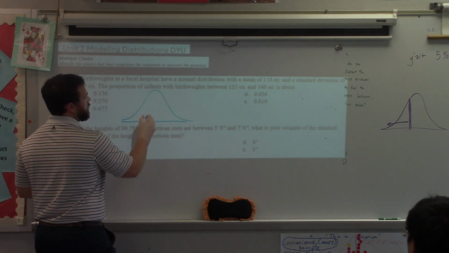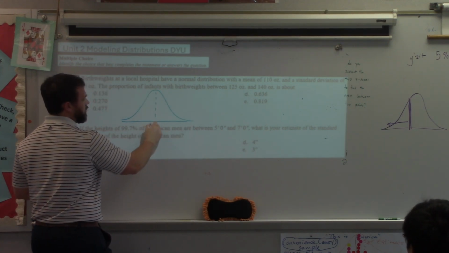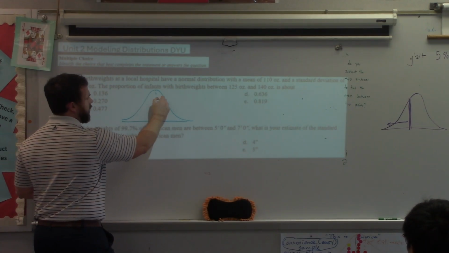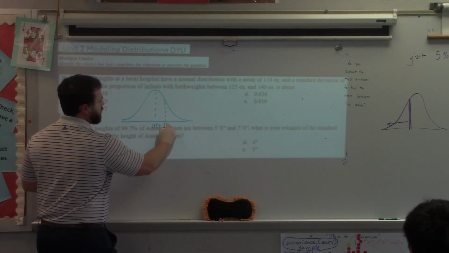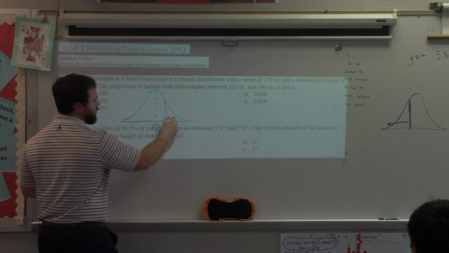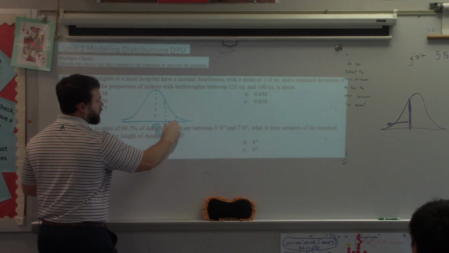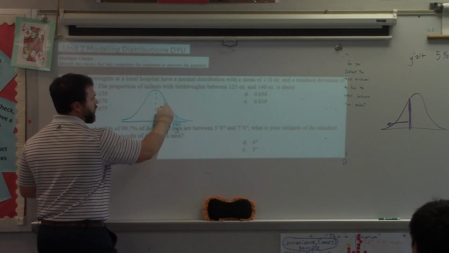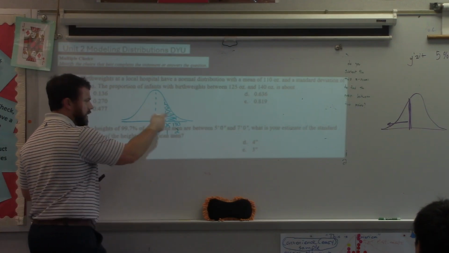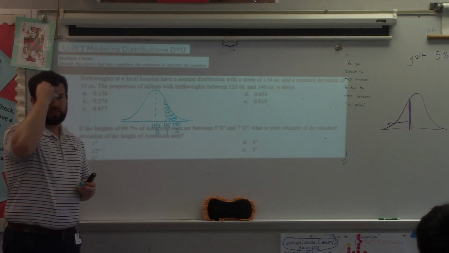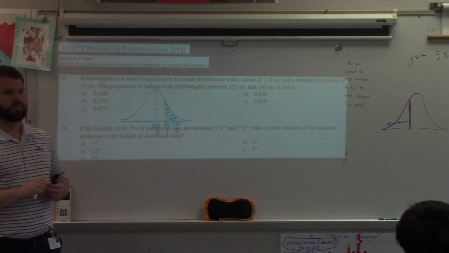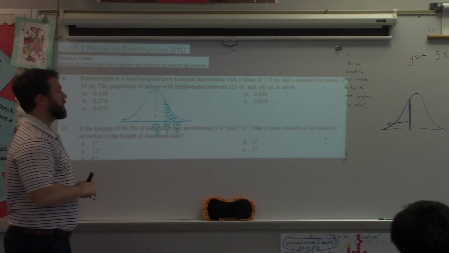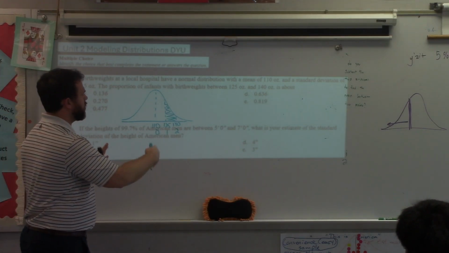A mean of 110, and 1 standard deviation is 15, so 125 is 1 standard deviation above the mean, and 140 is 2 standard deviations above. What are the two methods I could use here? I could use the empirical rule, or I could use z-scores. Either one is perfectly fine, so you just go from 1 to 2.